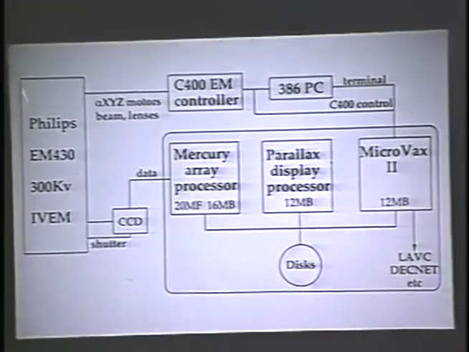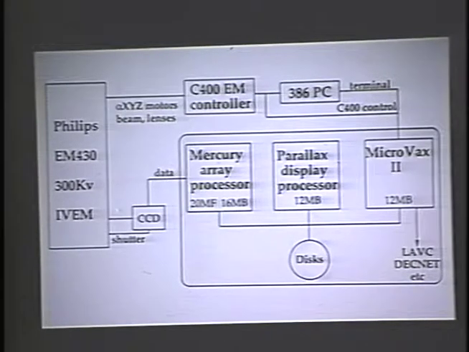The actual system is configured schematically as follows. We have the microscope and the CCD. The shutter network is tied into the microscope so that it automatically switches the electron beam to dump it into a beam stop to turn off the beam.